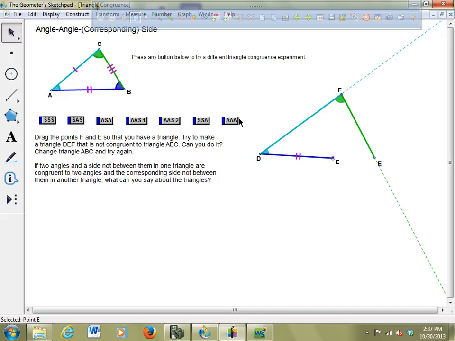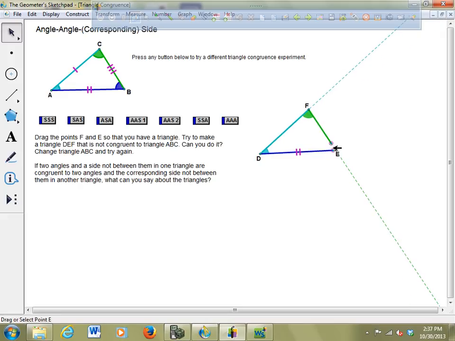So using an angle and a side, how many different triangles can I make? One. Exactly one. As long as it goes angle, then side, and angle, then side, it is a way to prove that triangles are congruent.